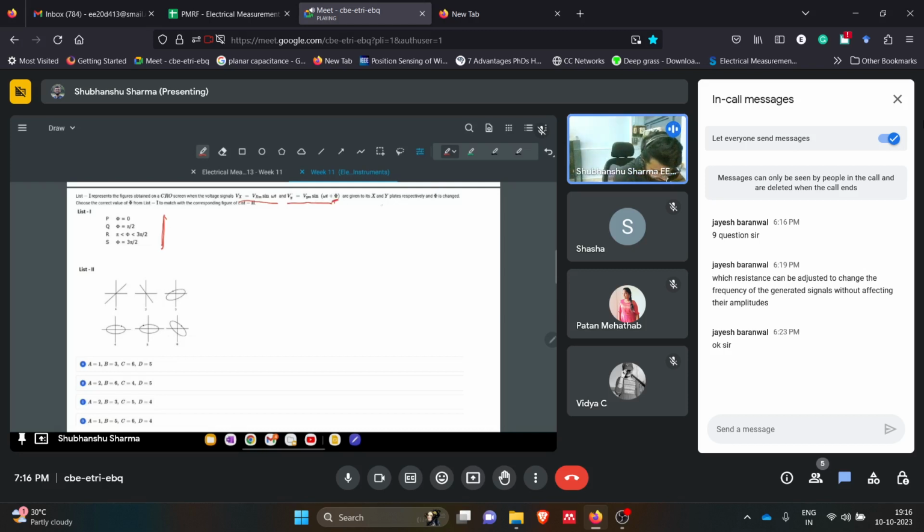These are given to the x and y plates respectively, and phi is changed from P to Q, then R, then S. Then they are asking what will be the change in pattern. This we call the Lissajous pattern.